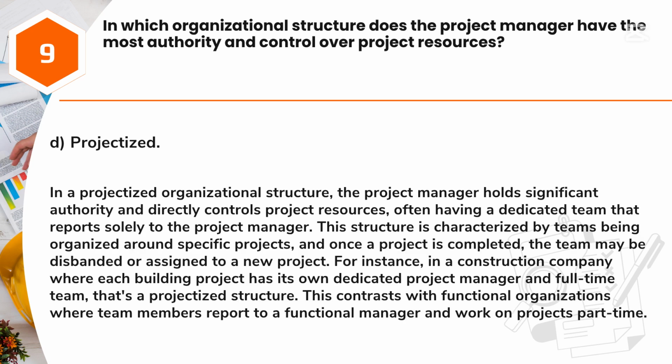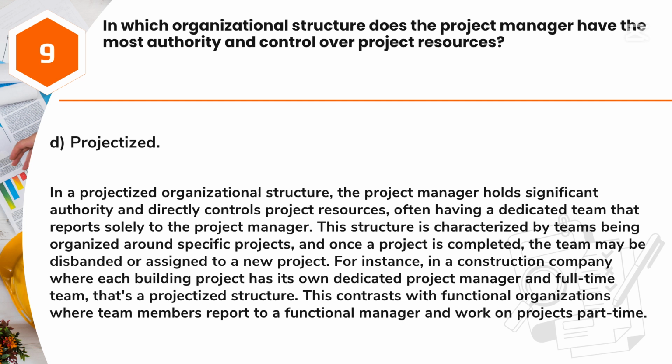Answer: D. Projectized. In a projectized organizational structure, the project manager holds significant authority and directly controls project resources, often having a dedicated team that reports solely to the project manager. This structure is characterized by teams being organized around specific projects, and once a project is completed, the team may be disbanded or assigned to a new project.